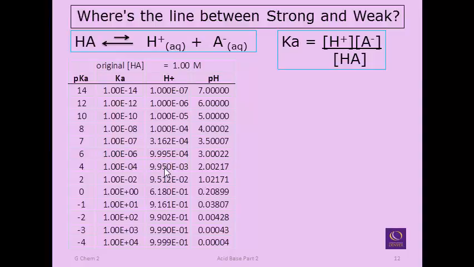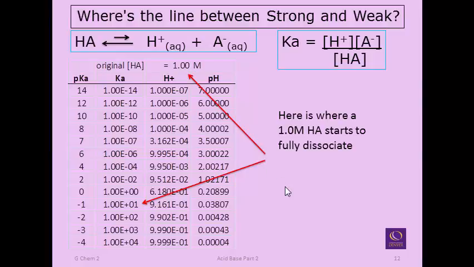But the real question is, where does complete dissociation happen? Well, if it's a 1 molar solution, then complete dissociation happens whenever the H plus concentration starts to hit 1, and if you search down here, that happens below 0. So this is where 1 molar HA starts to fully dissociate.